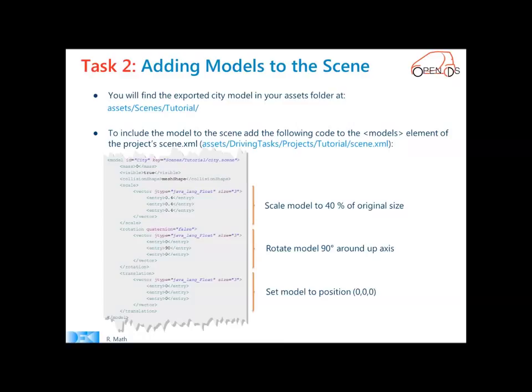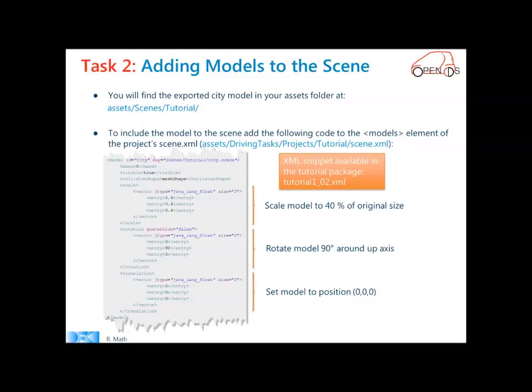We have to add this code to our scene file, but you won't have to type this by hand. I've prepared an XML file where you can see this code. So just go to your USB flash drive. There you will find a folder called Material, and inside this folder, this prepared XML package is included. Just open it and try to add it to your tutorial folder.